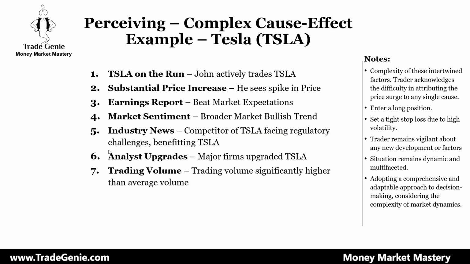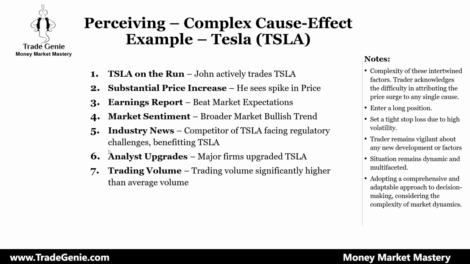You see how many things are positive: Tesla opening up, earnings report positive, market sentiment positive, bullish trend, industry news favoring Tesla, analysts upgraded Tesla, trading volume above average. All these factors combined, he puts together a comprehensive analysis.